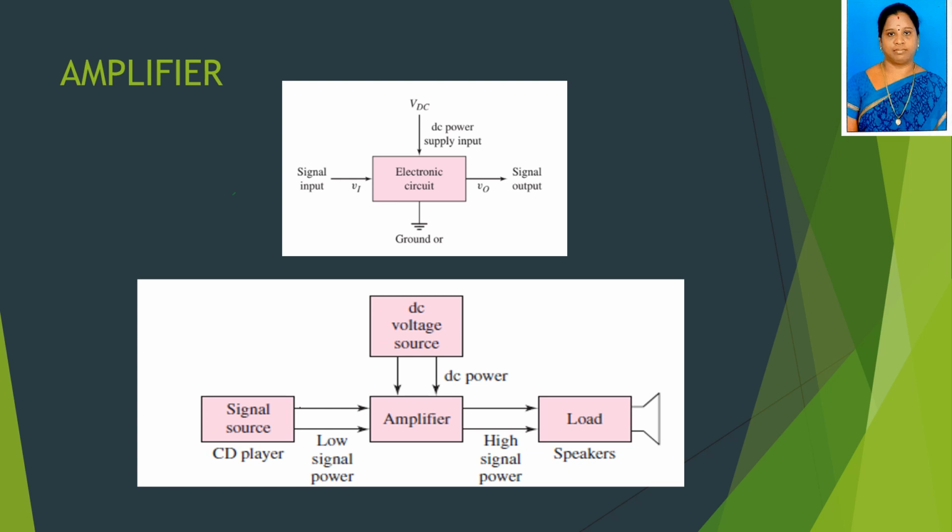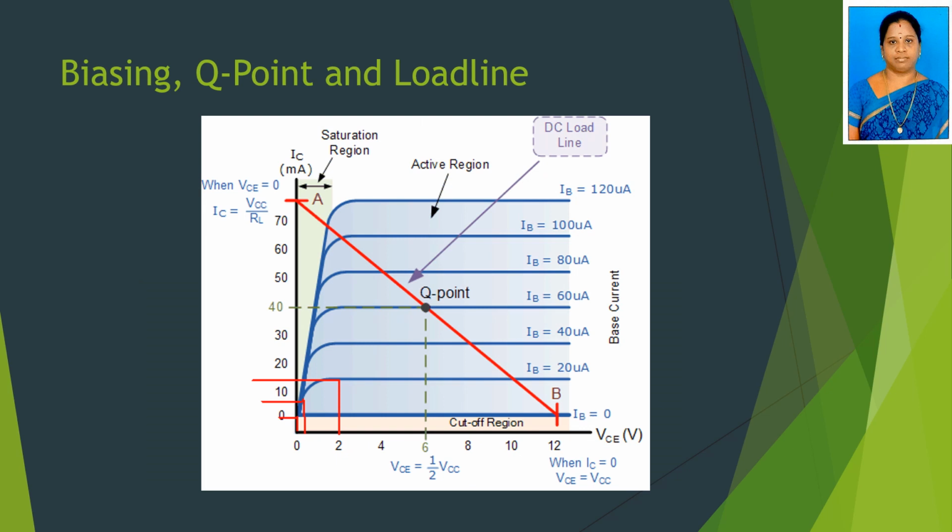Okay, so next we are going to see what is biasing. I told you biasing is the process of giving the DC supply to the transistor in order to act as an amplifier, right? The heart of the amplifier is the BJT. So that BJT is very important.